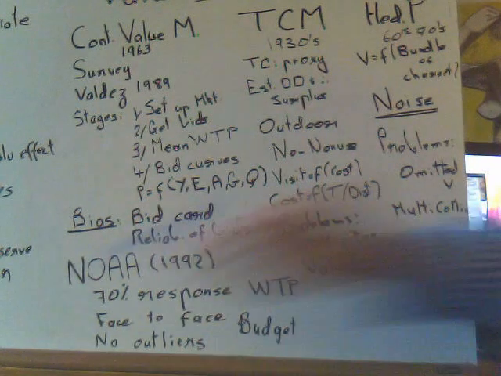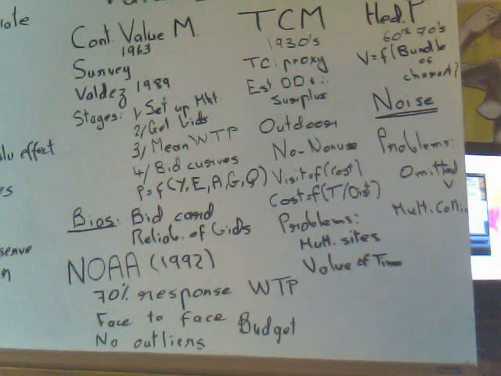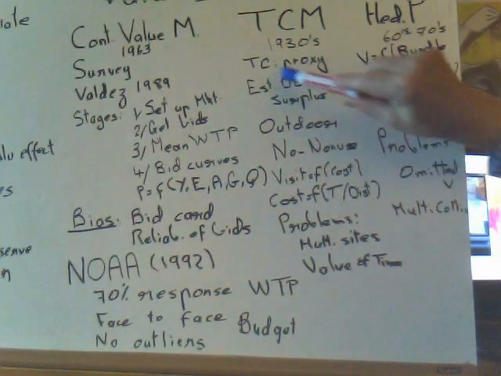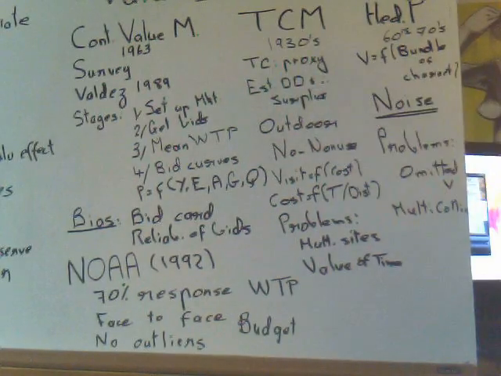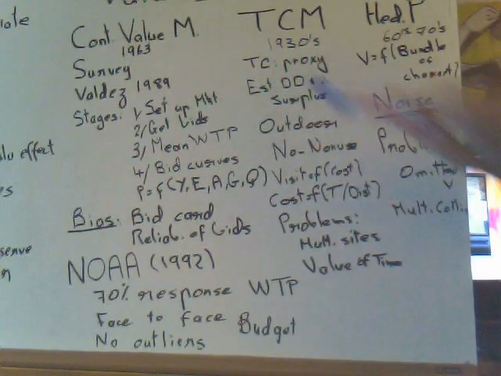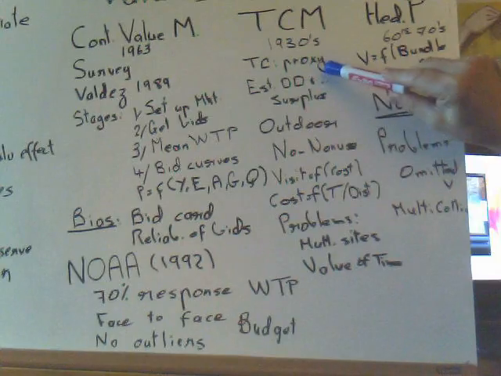So what I'm saying is that I am inferring the value that I associate with that particular park by looking at how much of a travel cost I'm willing to expend. So the total travel cost is the proxy.